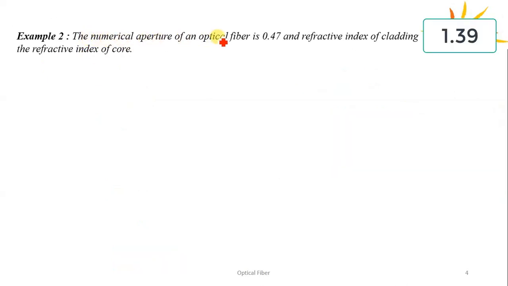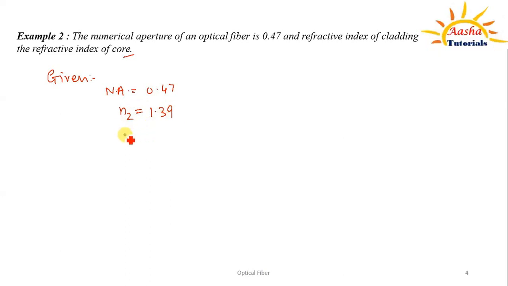The numerical aperture of an optical fiber is 0.47 and the refractive index of cladding is given as 1.39, and we need to find the refractive index of core. So let's do this. See what things are given here. Let us write that first. Given here we have numerical aperture, which is 0.47, and the refractive index of cladding is 1.39, and by these two we want to find the refractive index of core.